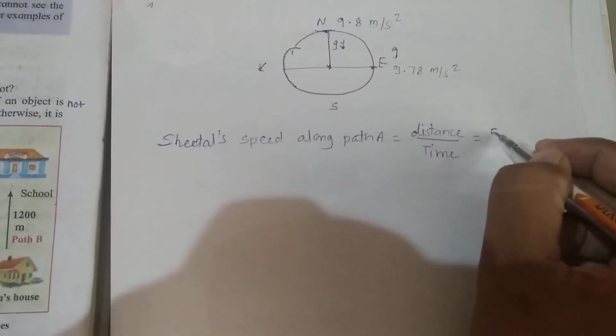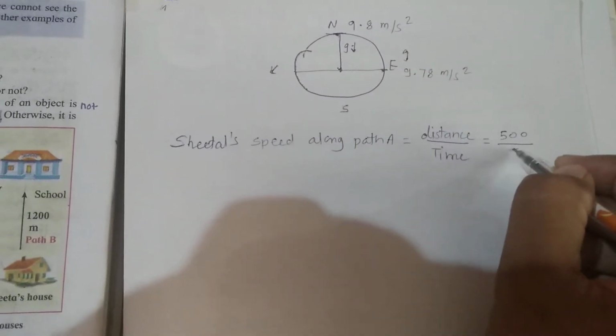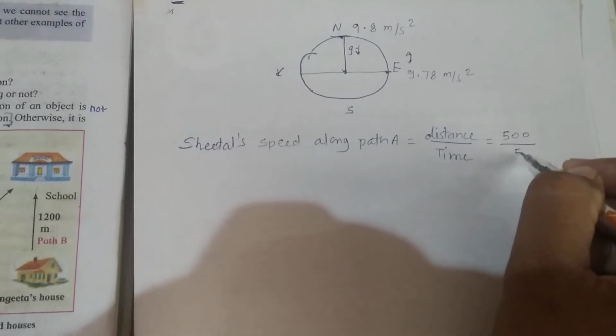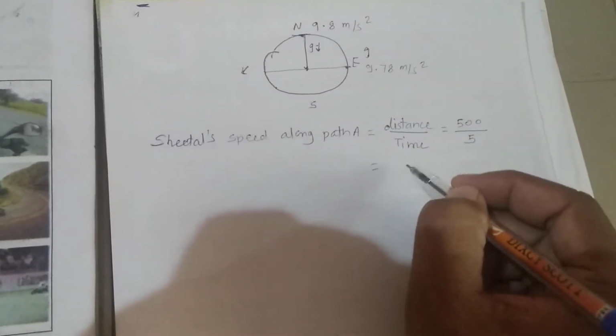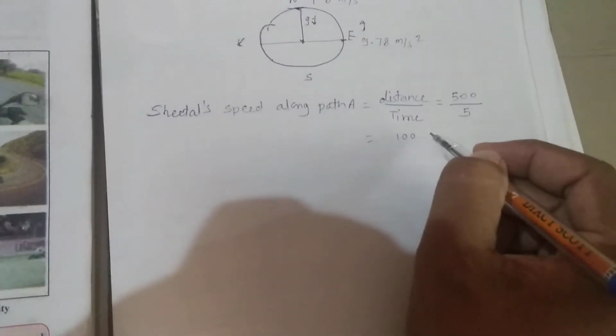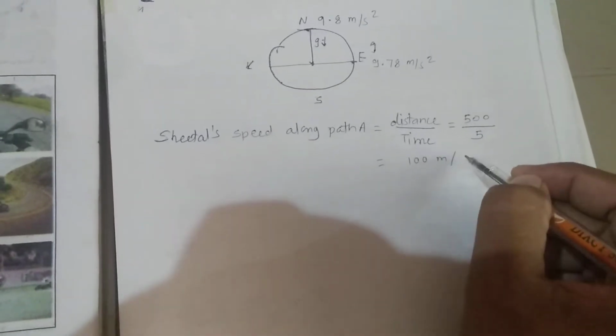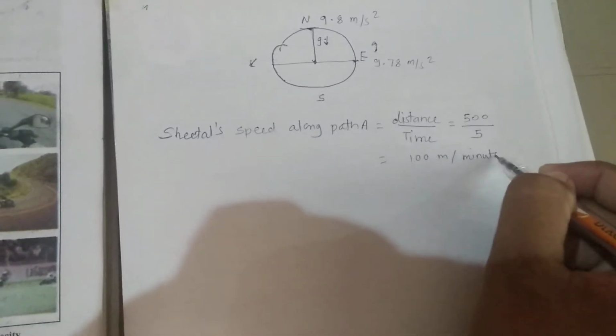The distance is 500 meter upon time required is 5 minutes. If we solve this, we will get 100 meter per minute.